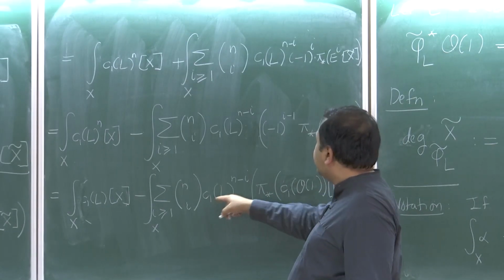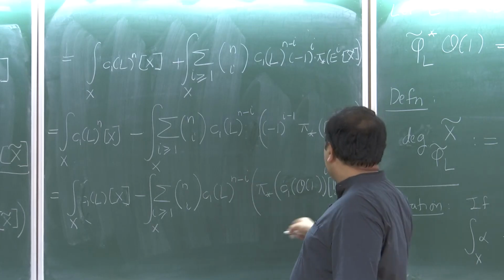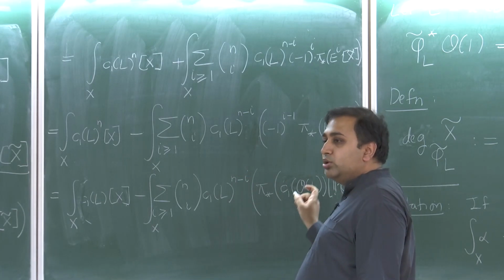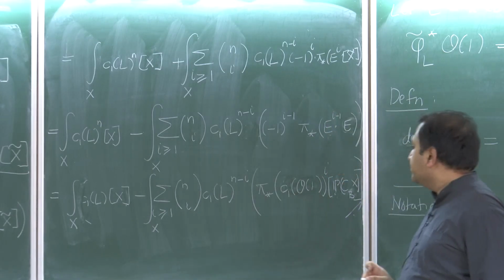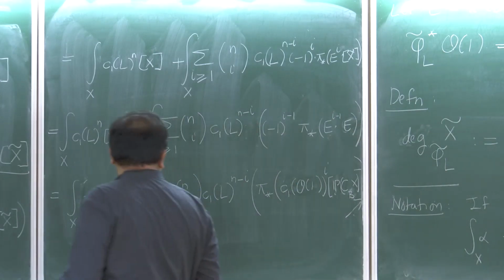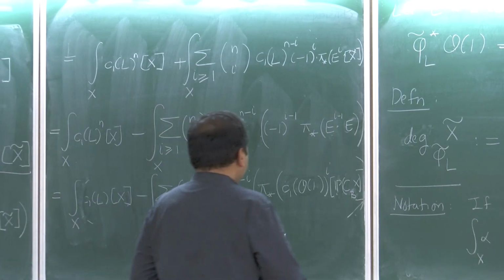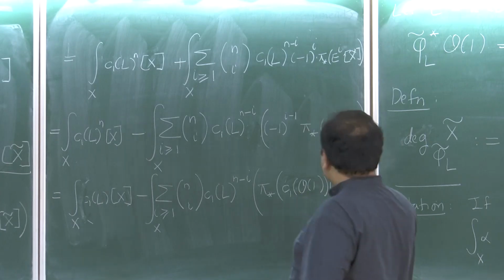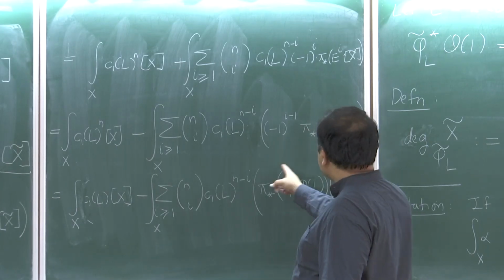Now, when I take c1(L)^(n minus i), what do I need to pick out of this entire sum? I don't need the whole thing. I only need to take the degree i part. In fact, this is just a single term.